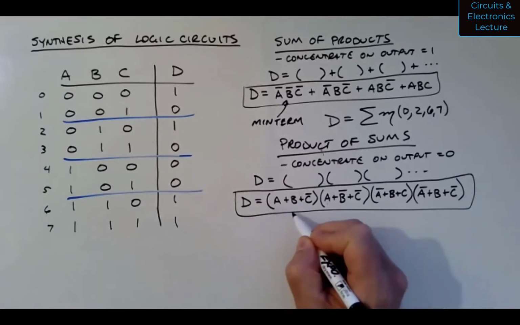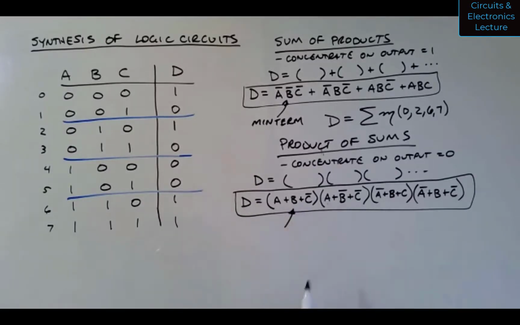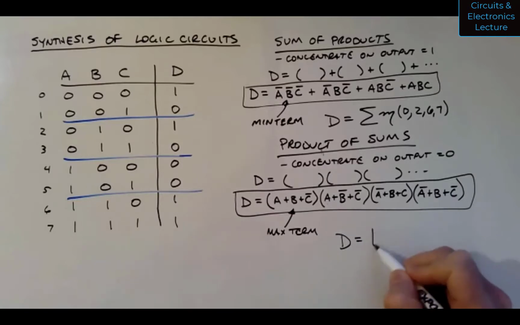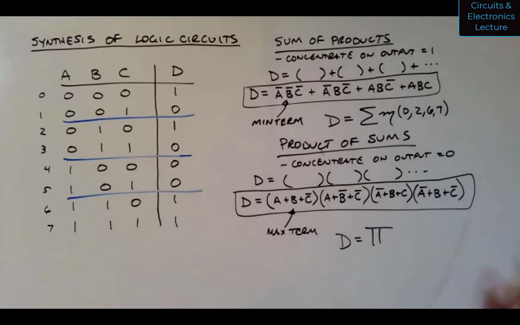Okay, so let me just show another notation on how the book is going to show you answers. Each one of these sum terms is called a max term. Right, so D is equal to the product, so capital Pi is, right, product like capital sigma is a sum, capital Pi is a product.